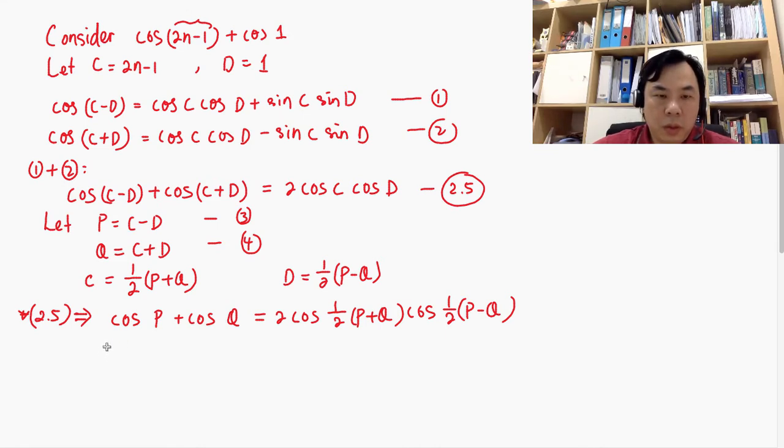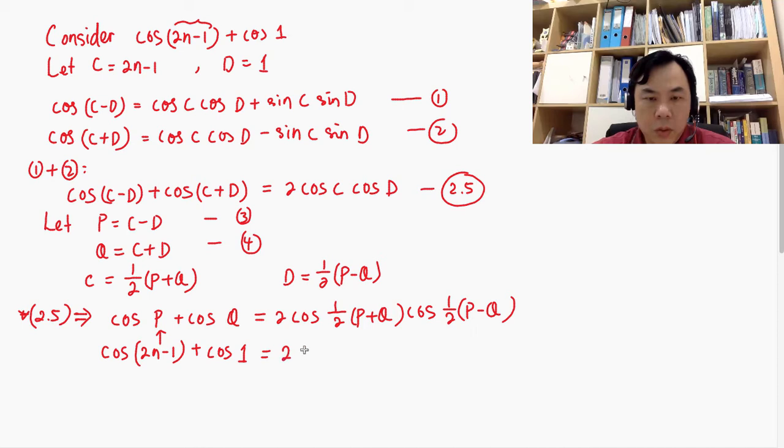Now, using this analogy here, you can see that cos 2n minus 1 here, which is the same as this now, plus cos 1, that would be the same as 2 cos half.